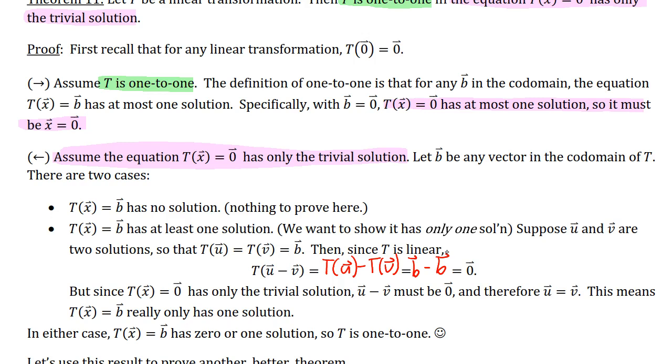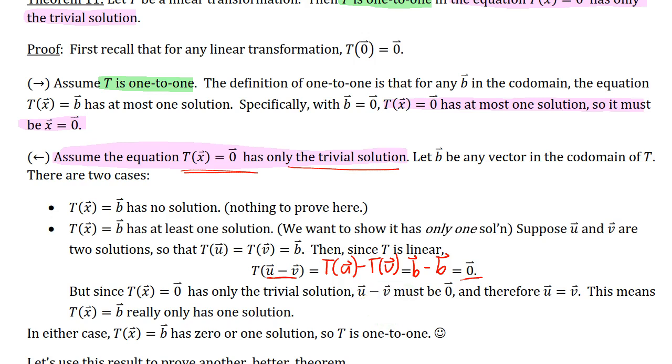So that means that u - v is a solution of the trivial equation. But we're assuming that this equation has only the trivial solution. So that means that the input vector that gets you the result 0 must be 0, because that's the only vector we can put in and get 0 out, the trivial solution.